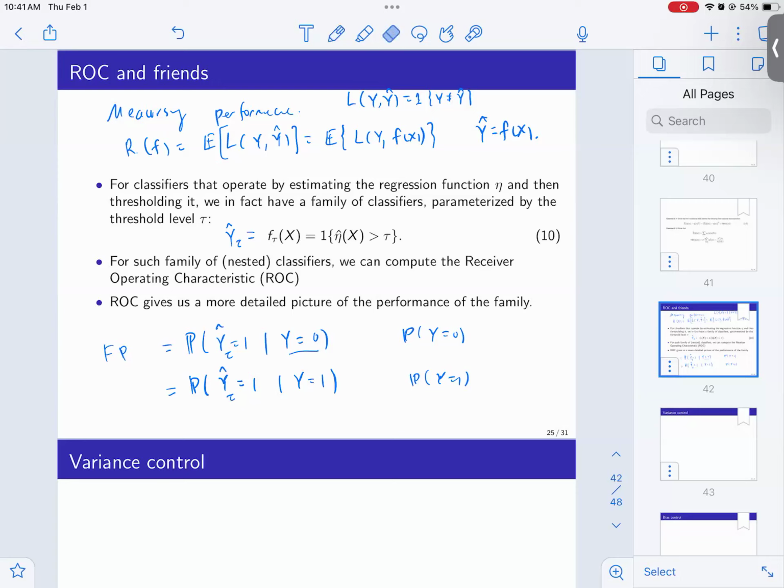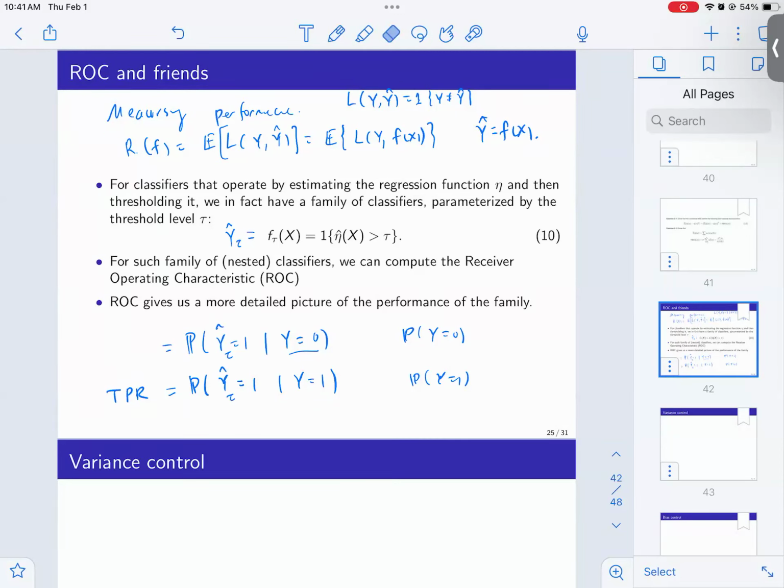So it's a rate because the probability is between 0 and 1. If you think of it as empirically estimated using averages, among all possible cases that are 0, what fraction do we declare as 1? So this is the false positive rate. And this is the true positive rate.